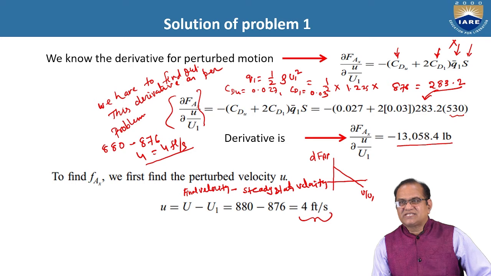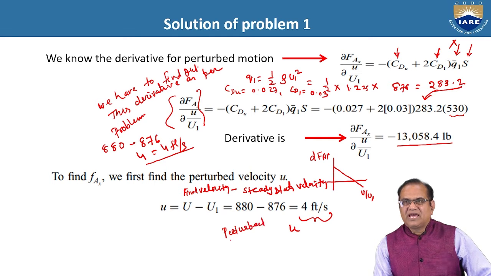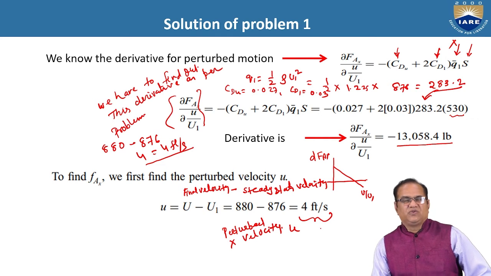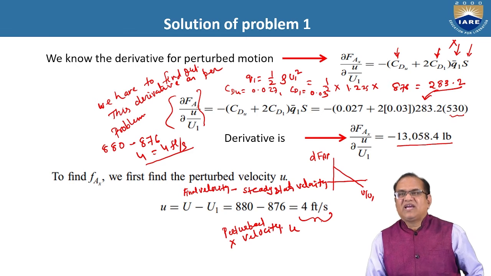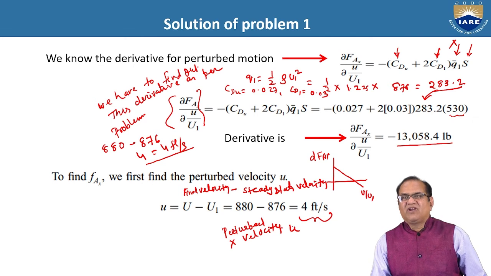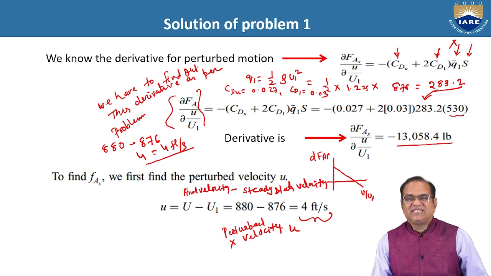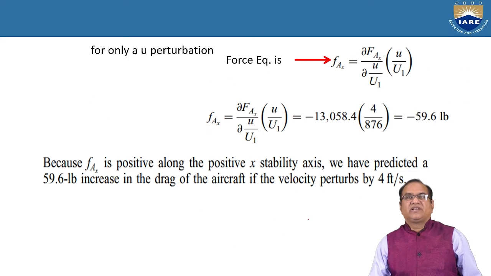So we got 4 feet per second, and this is the small perturbed x velocity. It is called u. In this way, we can find the perturbed velocity if the final velocity and the steady state velocity are given. It is very simple.